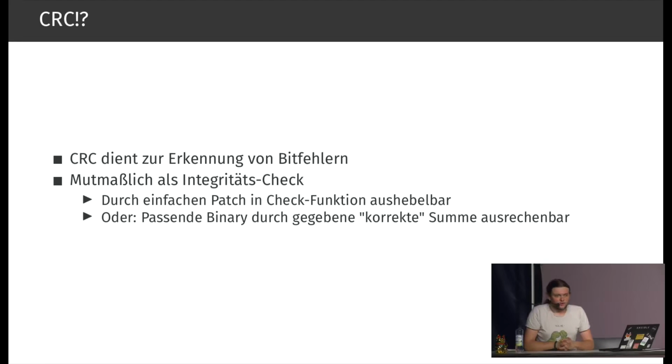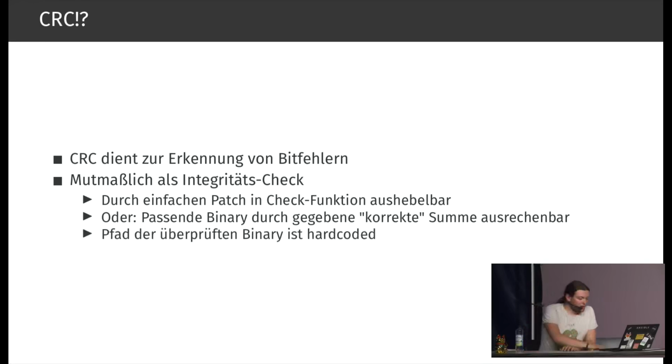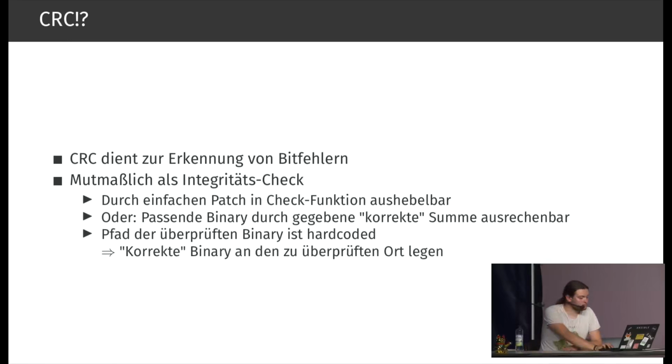Or we just compute the new CRC checksum of our binary and permutate the binary until it fits again. Or even more simple, if we just put the real file at the real place, it just works because the path is hard-coded.